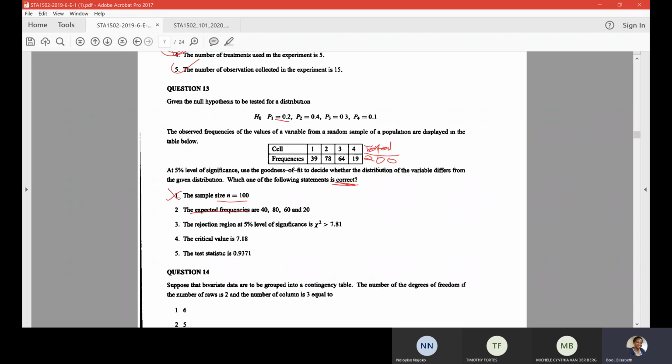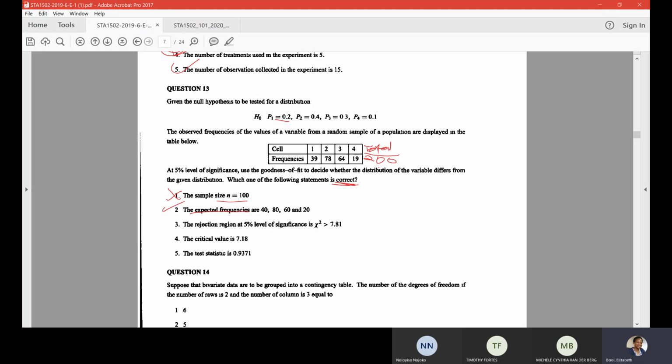Then we continue and do the second one to make sure that we get the same. 0.4 times 200 should give us 80. 0.3 times 200 gives us 60. 0.1 times 200 gives us 20, and those are our expected frequencies.